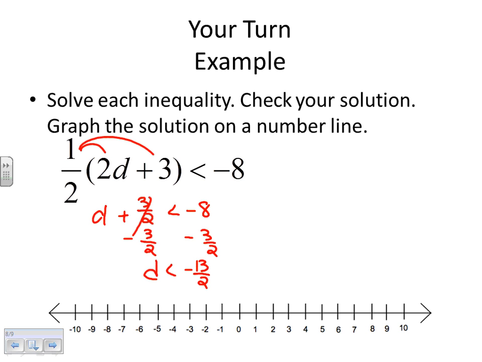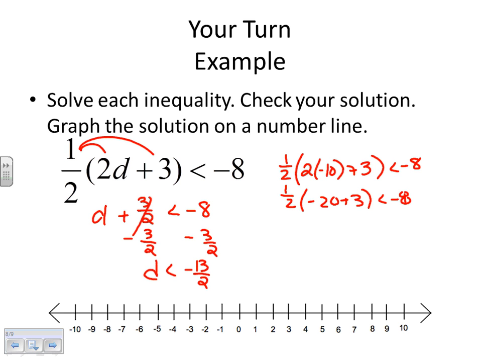So we would like a number that is less than -6.5 to plug in our check. Maybe let's do -10, or yours could be anything else that's less than -6.5. 1/2 times -20 plus 3 is less than -8.